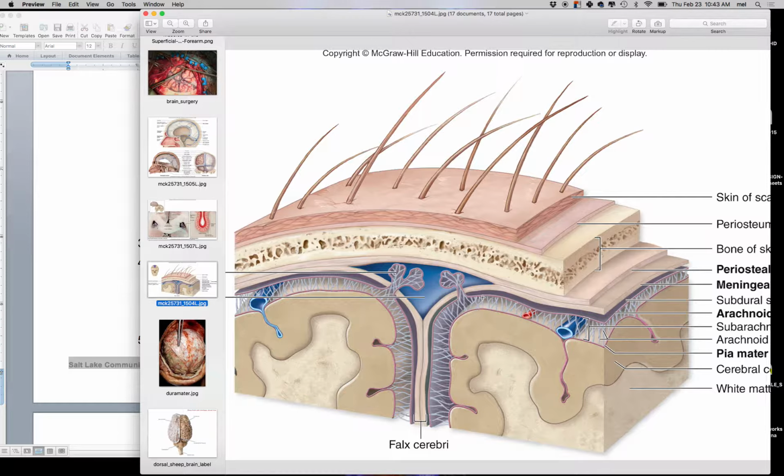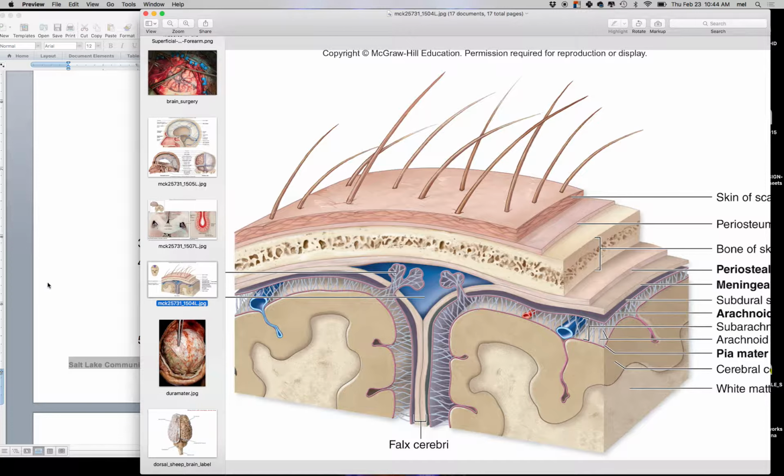There are blood vessels in there and they can bust, right? Okay. So periosteal layer and meningeal layer of the dura mater, subdural space, both arachnoid and subarachnoid space simultaneously, right? And then this is the pia mater that you run into. Does that make sense? Okay.